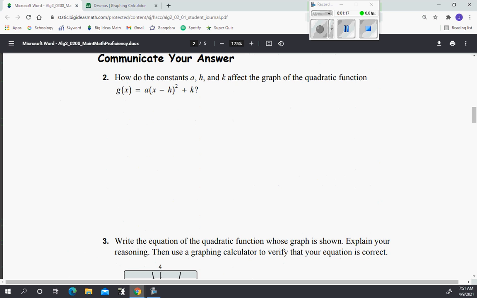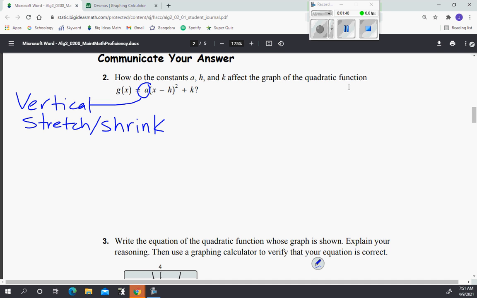First of all, this A right here is a vertical stretch or shrink. A stretch makes it skinny.